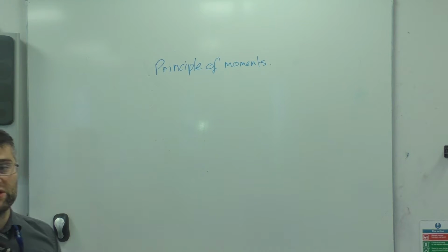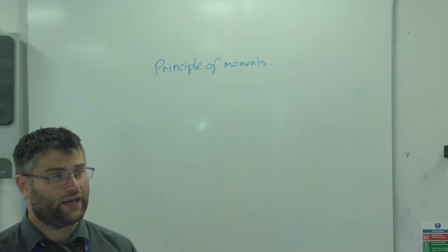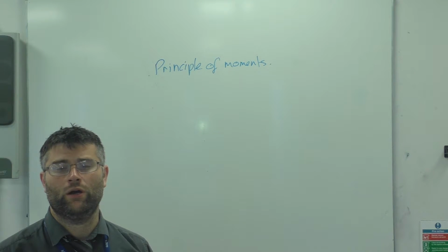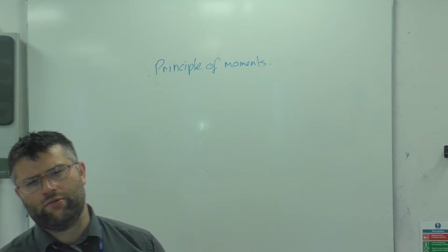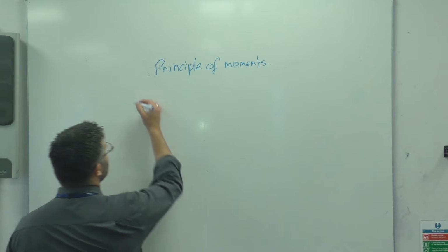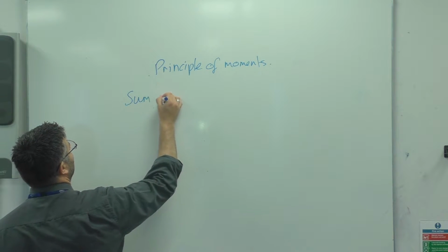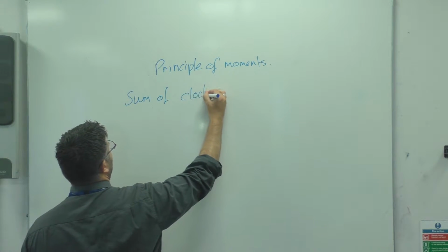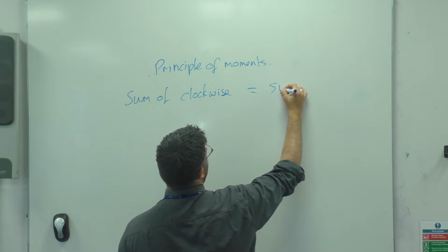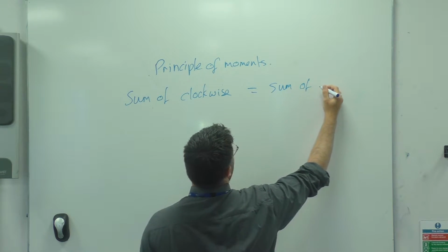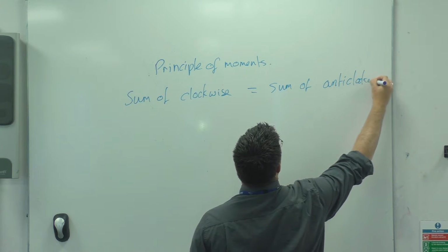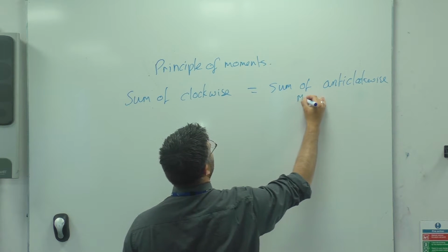the principle of moments is to do with ideas that when something's in equilibrium, the net moment is zero. We can use that idea a little bit more specifically to do with moments, and we can say that the sum of the clockwise moments is equal to the sum of anti-clockwise moments.